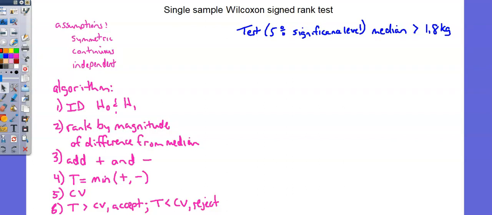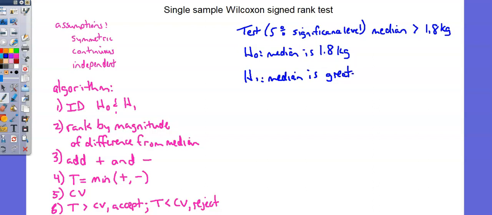Step 1, my hypotheses. Null: median is 1.8 kilograms. Alternative: median is greater than 1.8 kilograms. Other scenarios could be less than or not equal to.